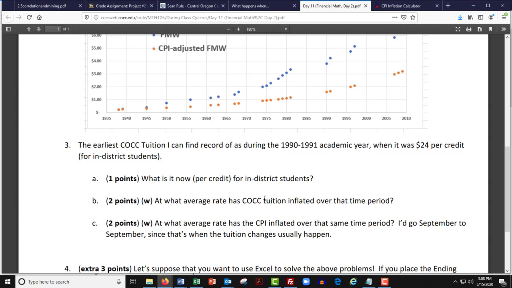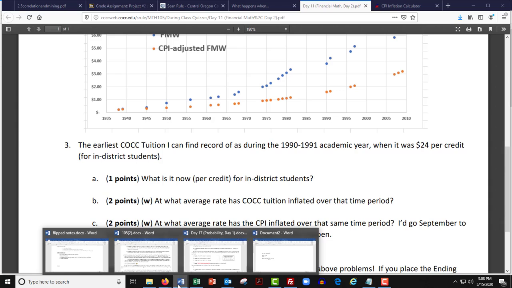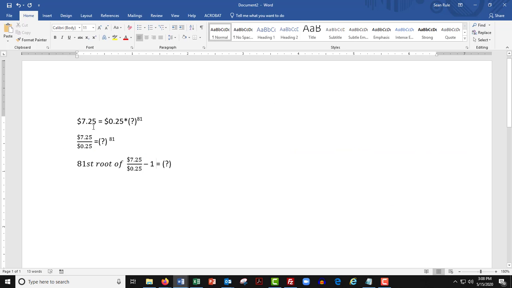At what average rate has COCC tuition inflated over that time period? Well, again, if you look back to the model we used before, I'll just use the $106. If it started at $24 and inflated to 106, and it went 29 years to inflate that, count the years up, you'll see it's 29. All you've got to do is repeat your math from before.